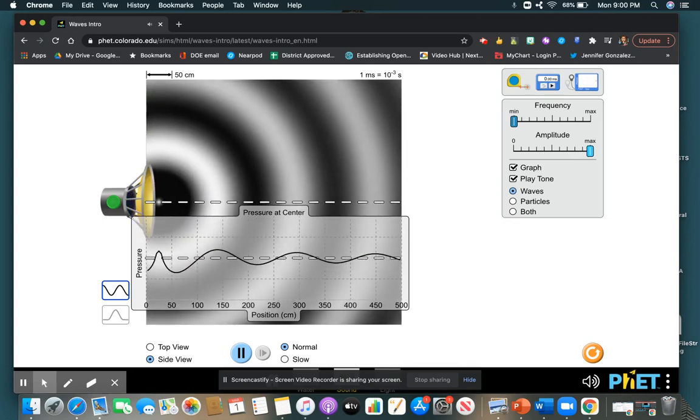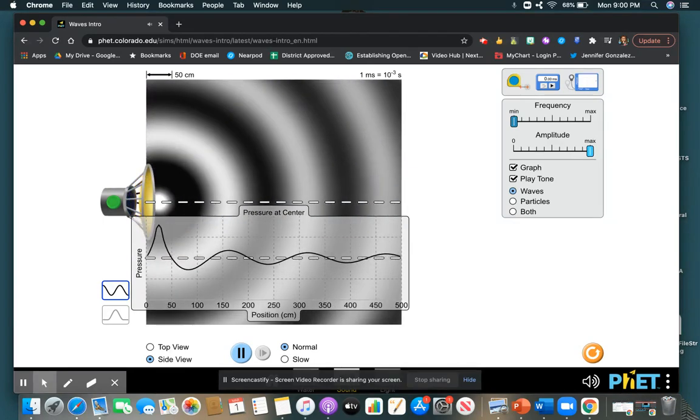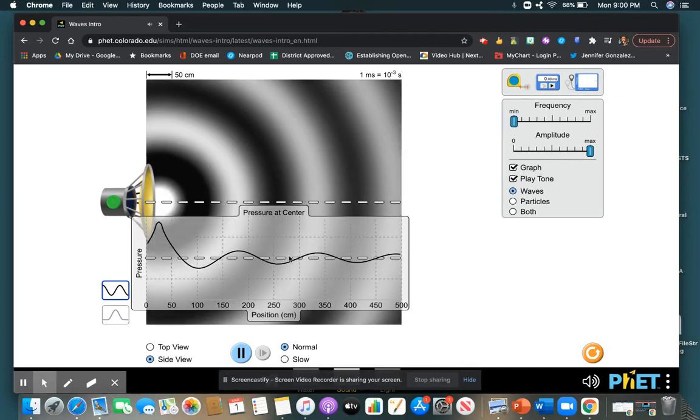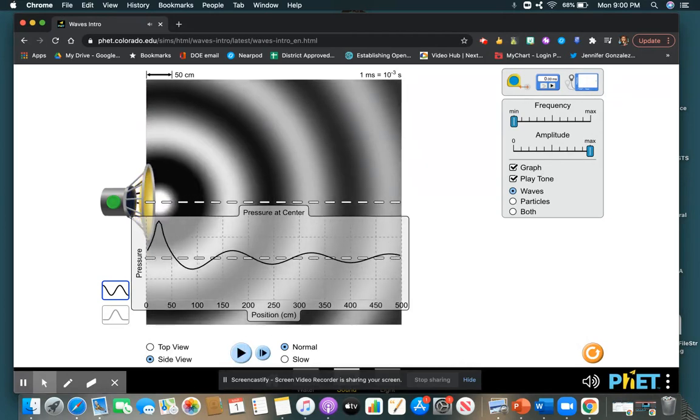So when we talk about sound, amplitude is actually how loud something is. So you can see that those waves get higher and higher as I turn up the amplitude or turn up the volume. I'm going to turn it back down to the middle so that we can now explore frequency.